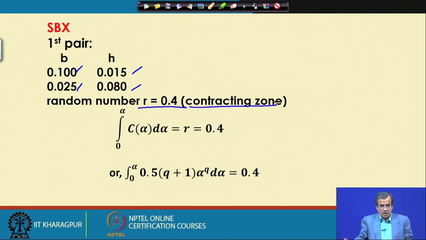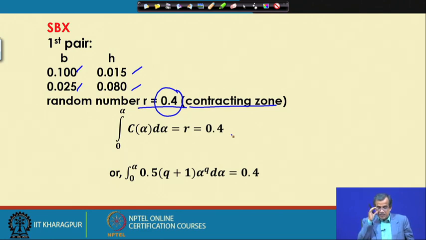And in the contracting zone, I will have to find out the value of alpha, that is the spread factor corresponding to this random number value, or corresponding to this particular area, which is equal to 0.4. Now, how to find it out? I will have to use integration 0 to alpha in the contracting zone, C alpha d alpha is equal to r, and that is nothing but 0.4.